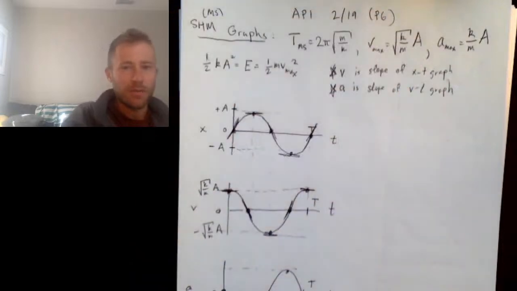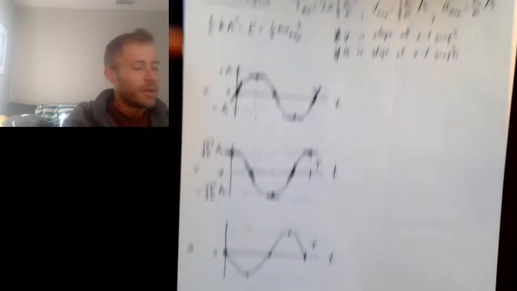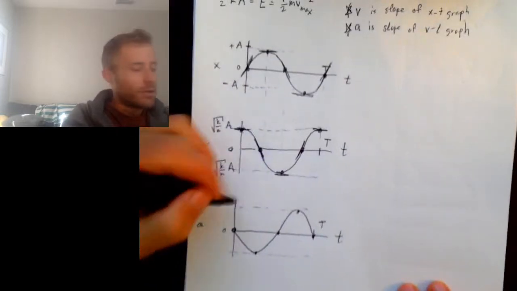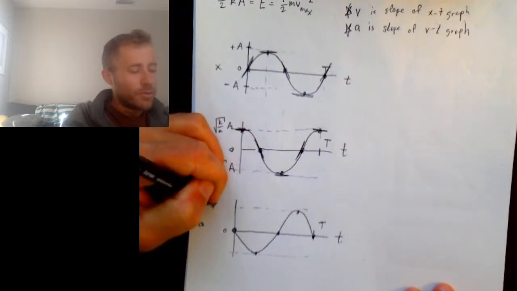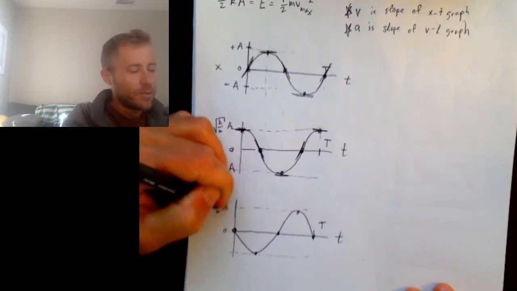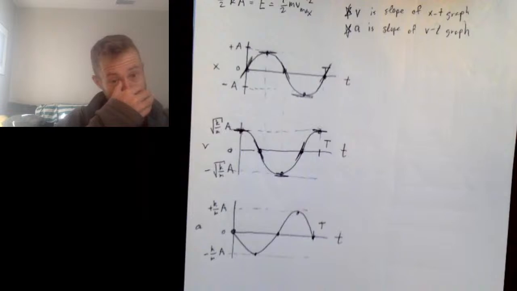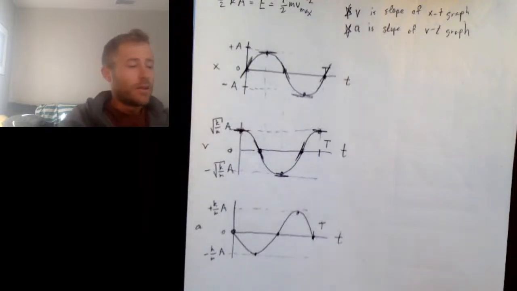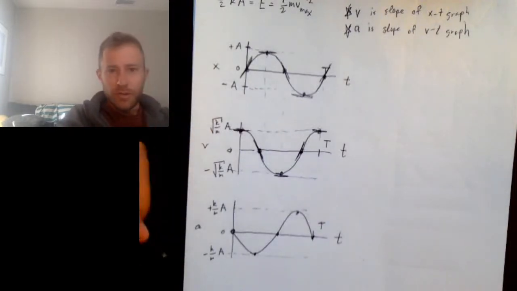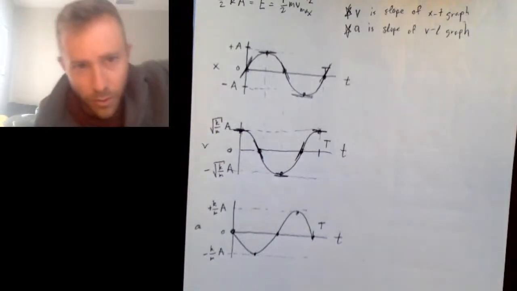It's k over m times the amplitude. So that means that my acceleration is going to go between plus k over m times the amplitude and minus k over m times the amplitude. All right? So that is the first part. There's actually 3 more graphs that we are going to make.